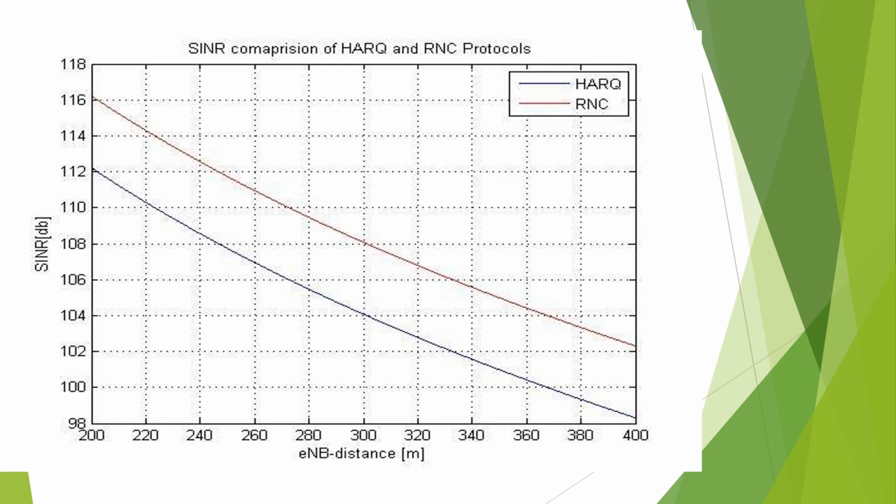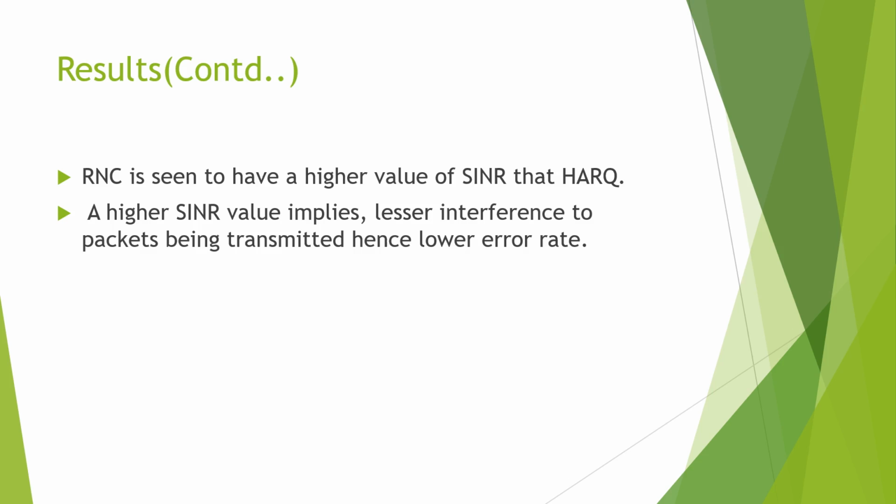So RNC has performed better in all the scenarios, even with the increasing distance. The more the SINR value, the less interference to the packets being transmitted. We can also say that the error rate is also low.